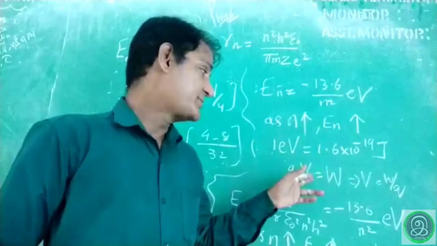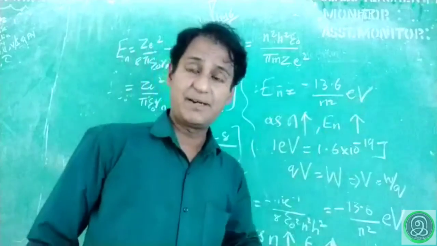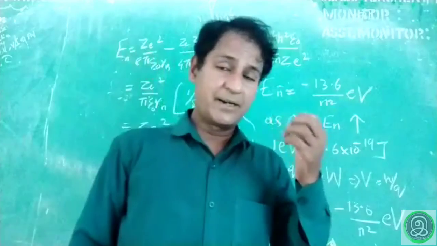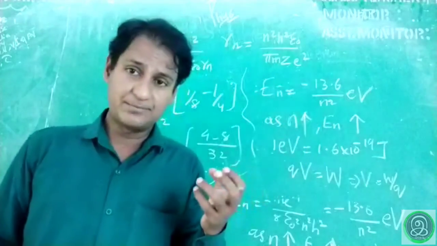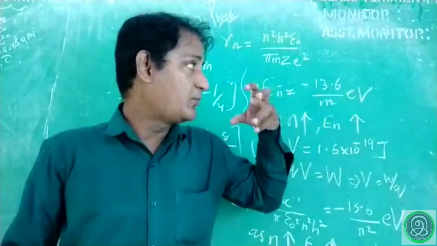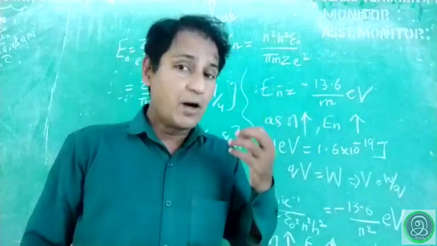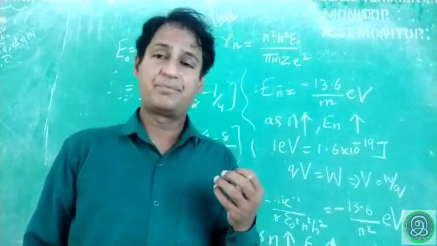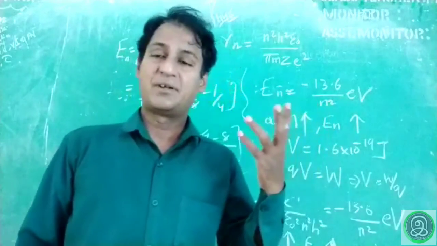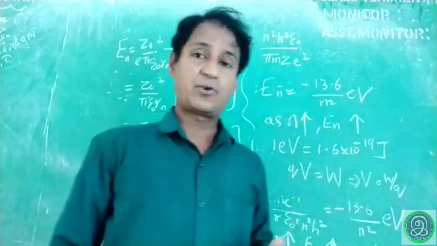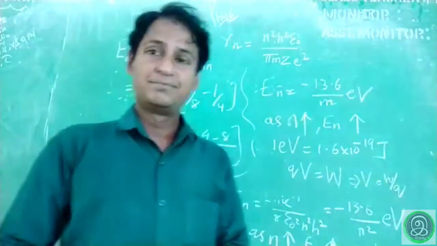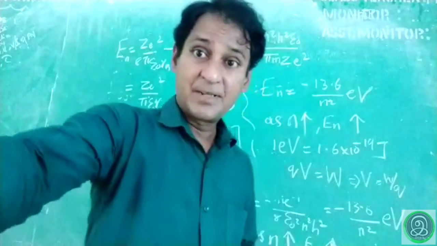Electron volt is the energy acquired by an electron when it is given 1 volt and accelerates. In joules, its value is given. So thank you, dears. I think you would have understood.